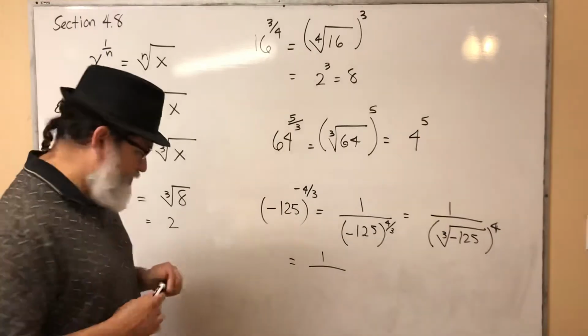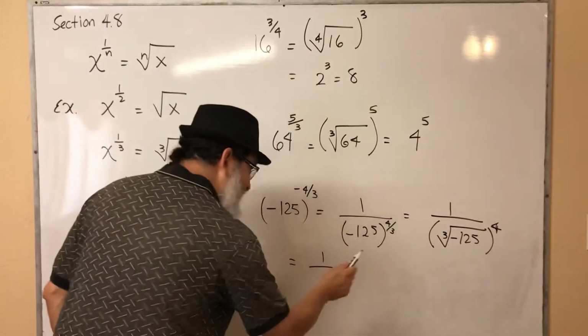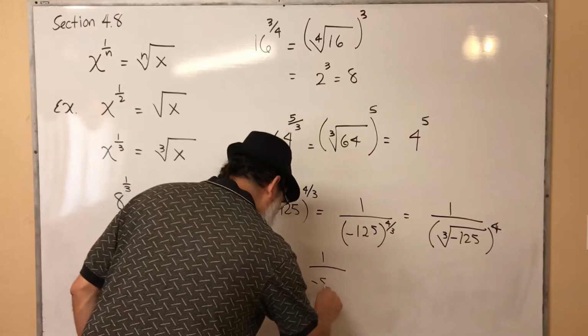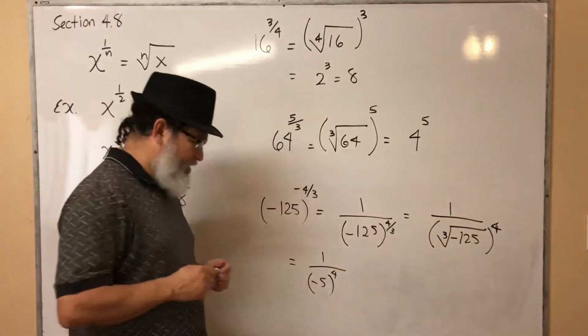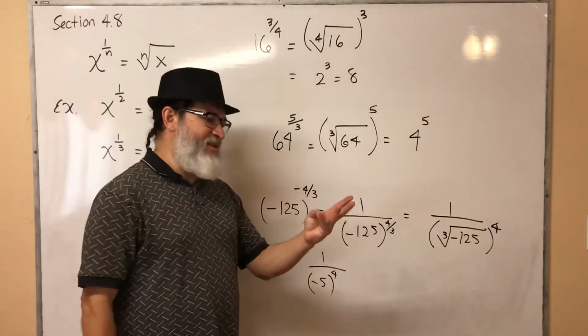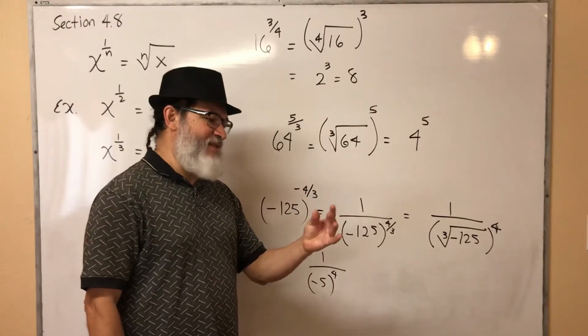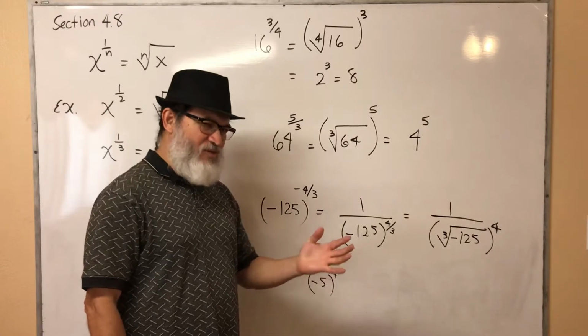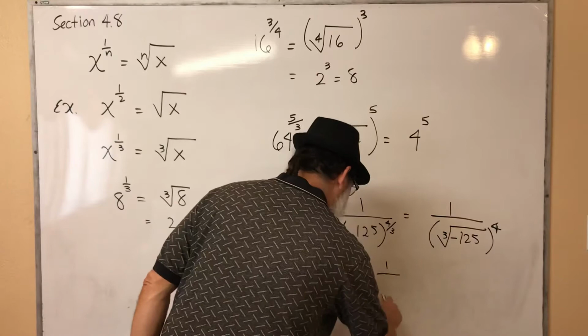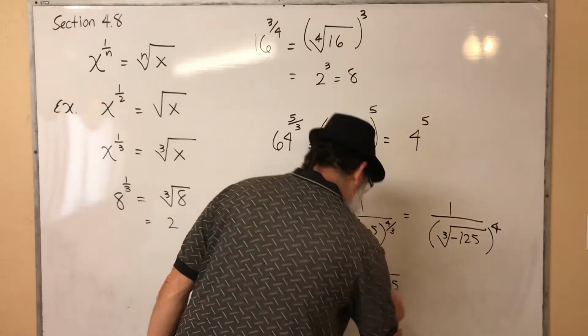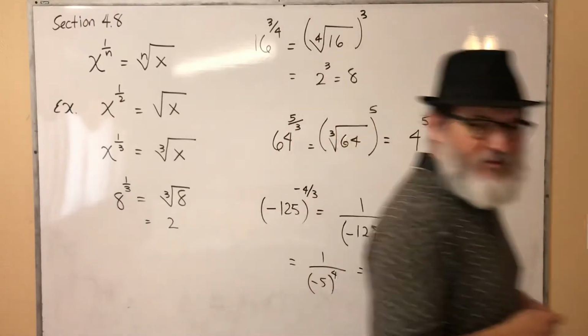Negative 5. That's negative 5 to the 4th power. What's negative 5 times negative 5 times negative 5 times negative 5? Isn't that 625? 1 over 625. Let me get my calculator, guys, okay?